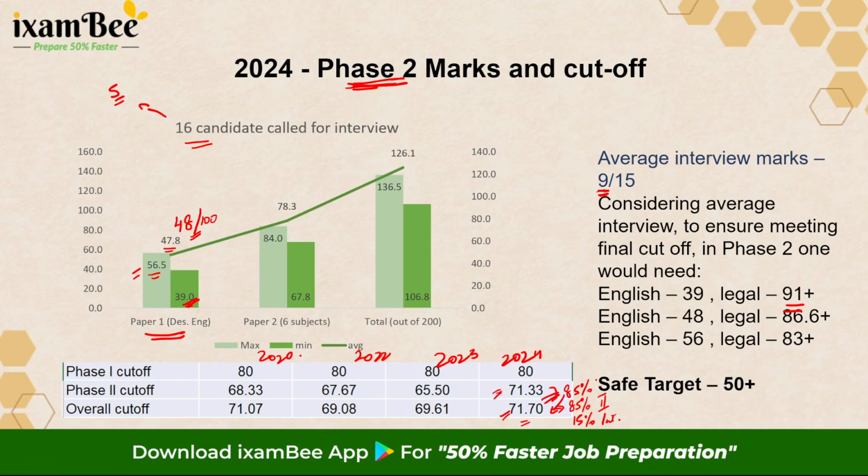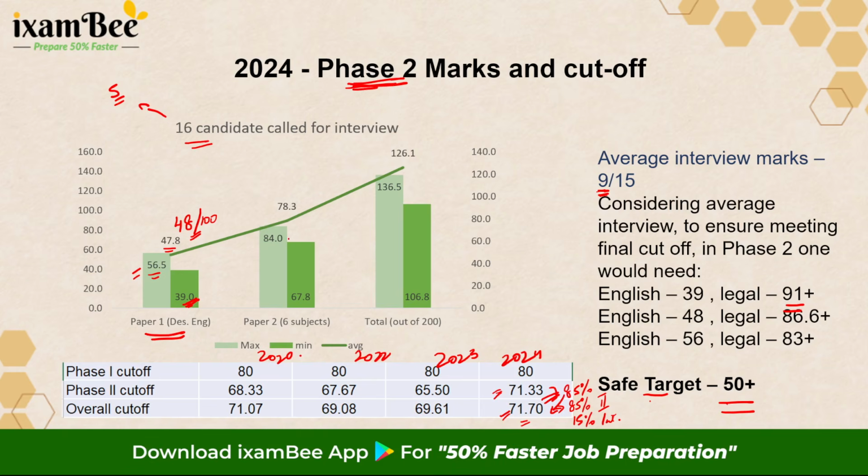In this case, it is easy to say that the safe score, given how you prepare for your legal paper and how your interview goes, of course you can do better in all these papers, but a safe score to target in your descriptive English is 50 plus marks.